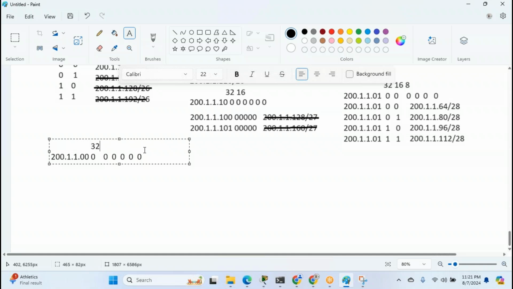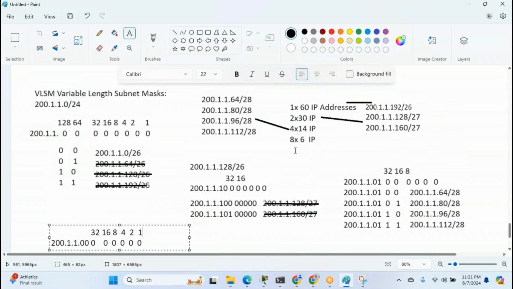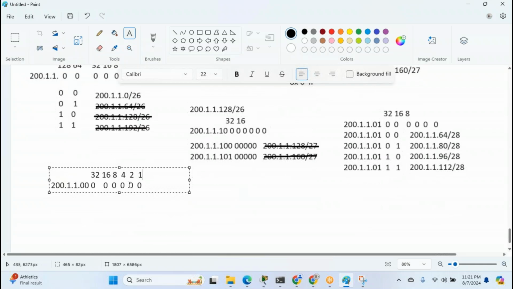This one is 32, 16, 8, 4, 2, 1. Now we are looking at the requirement. Our requirement is 6 IPs, and 6 is between 4 and 8. It means we have to do the subnetting of 3 more bits.